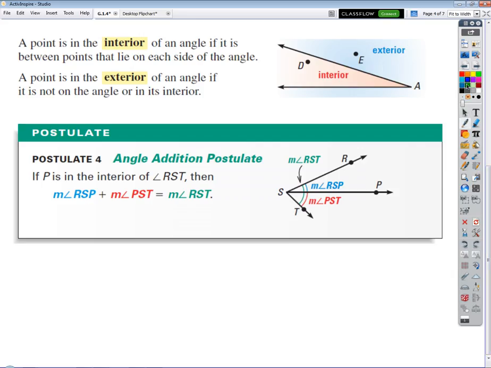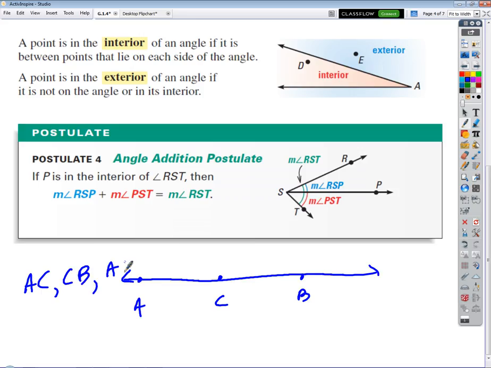We said yesterday if we had points A, B, and C with some point in between, what did we say about those segments? What can we say about the length of segment AC? So length AC, length BC, or CB let's call it, and length AB. What has to be true?